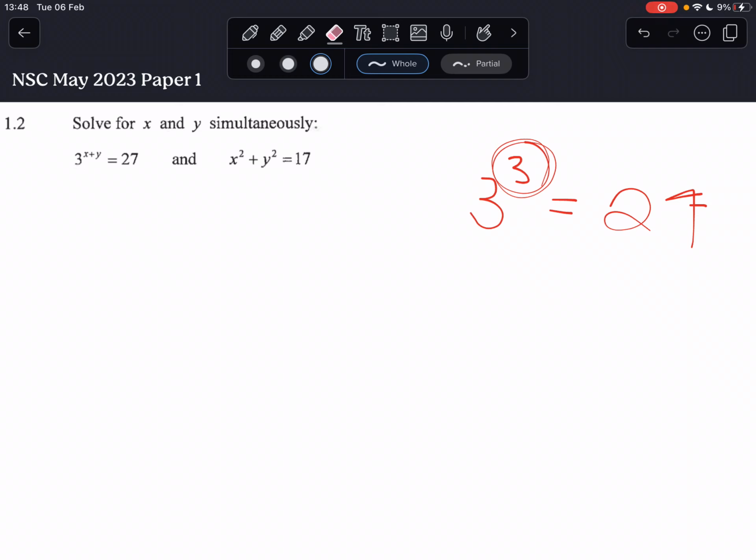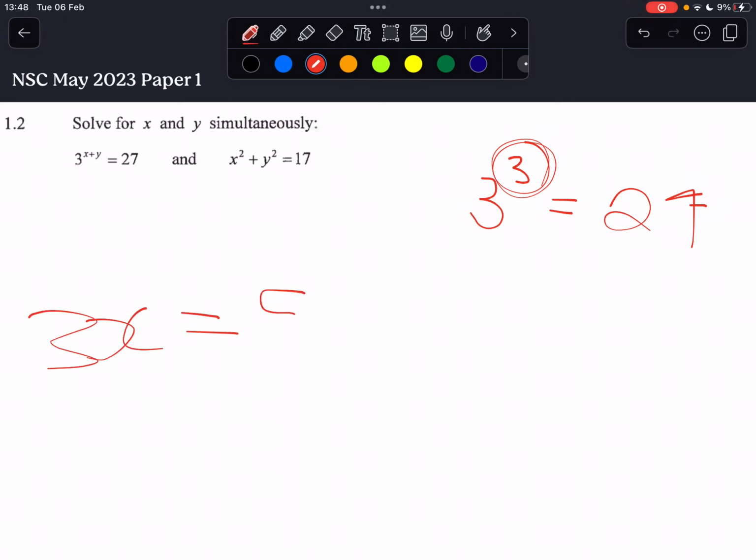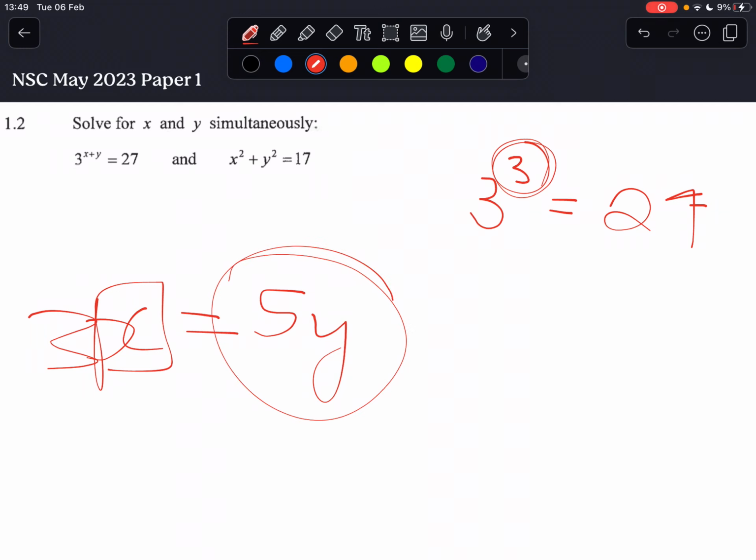So for example, if you had 3x is equal to 5y, then you could rewrite this equation to have x as the subject and then replace the x with it so that this equation would just be in terms of y instead of being in terms of x and y.